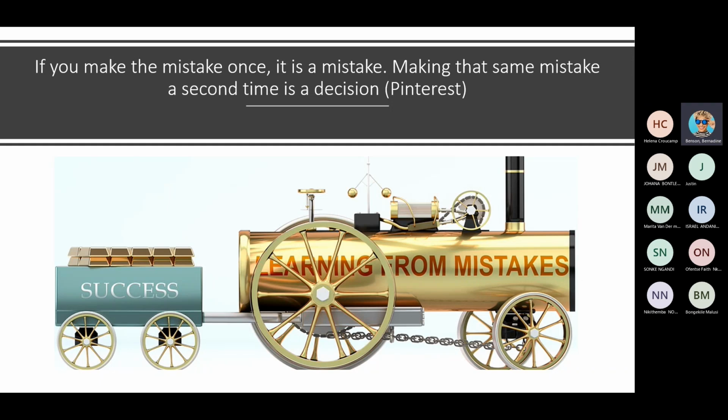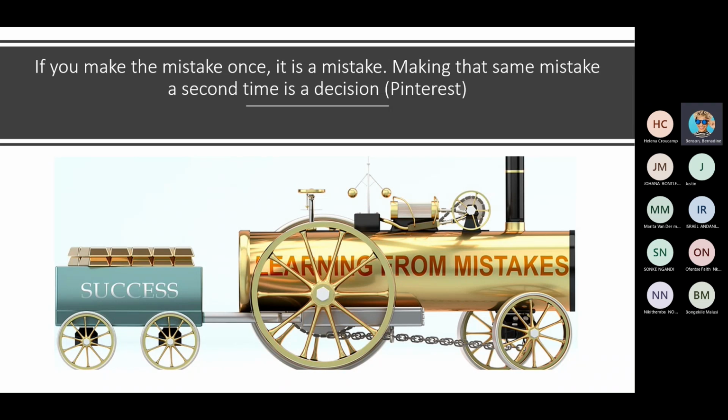Okay, so everybody, I'm assuming, has jotted down their thoughts in terms of what we set out to achieve in this lesson and what we've achieved. So we're almost at the end of our session, but what I want you to bear in mind, and I took this from Pinterest, more often than not, when people do things, they say, oh, it was a mistake.